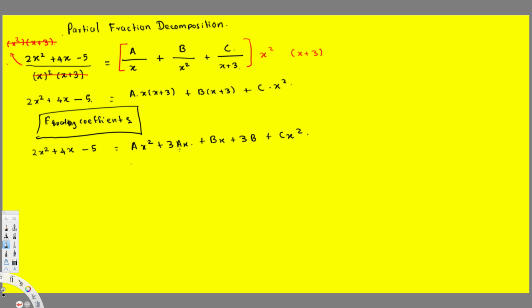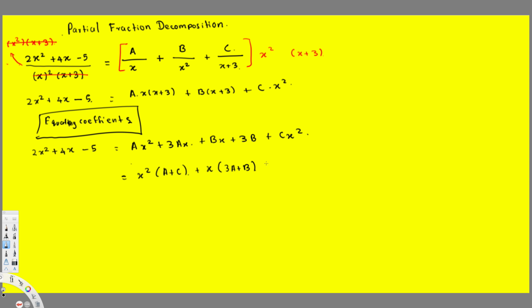So let's take x squared common first of all. If you see, a and c have x squared, so I can add them together, a plus c, and then I am going to take x common. In this case, I'm going to have 3a plus b.